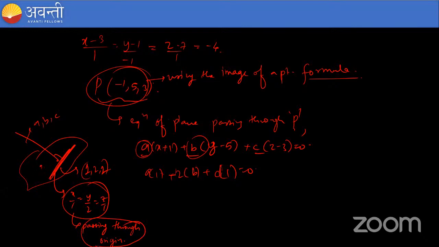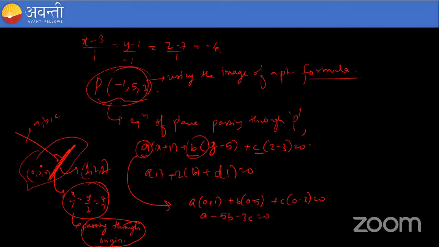So the point (0, 0, 0) will lie on this plane, so it will satisfy here. So we will get a into (0 plus 1) plus b into (0 minus 5) plus c into (0 minus 3) equals 0. So a minus 5b minus 3c will come out to be 0, right?